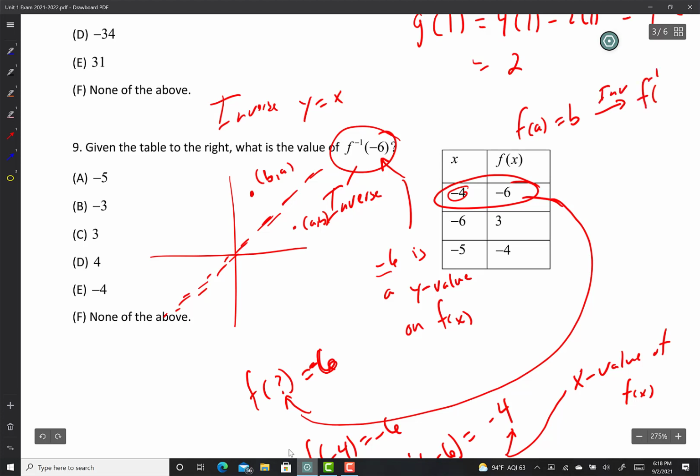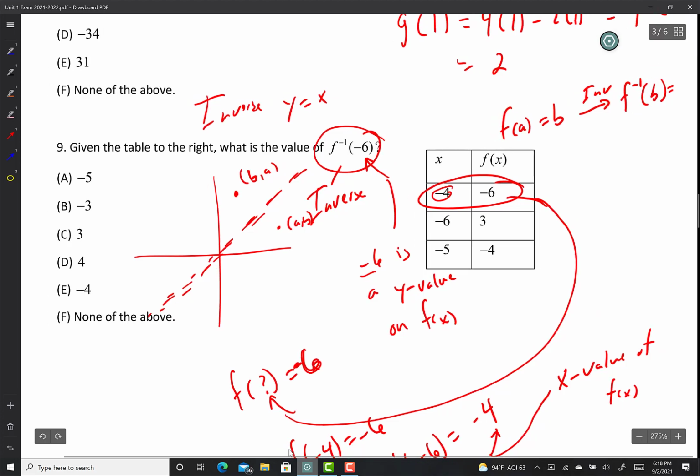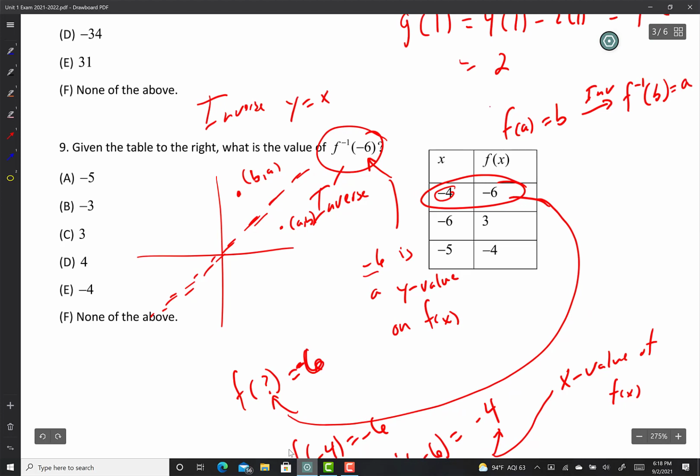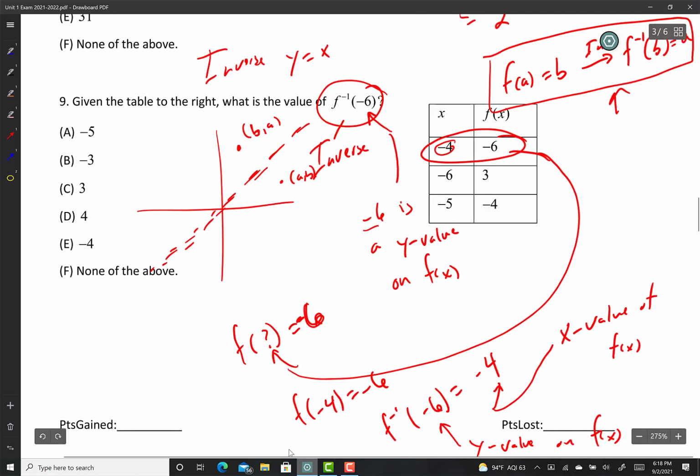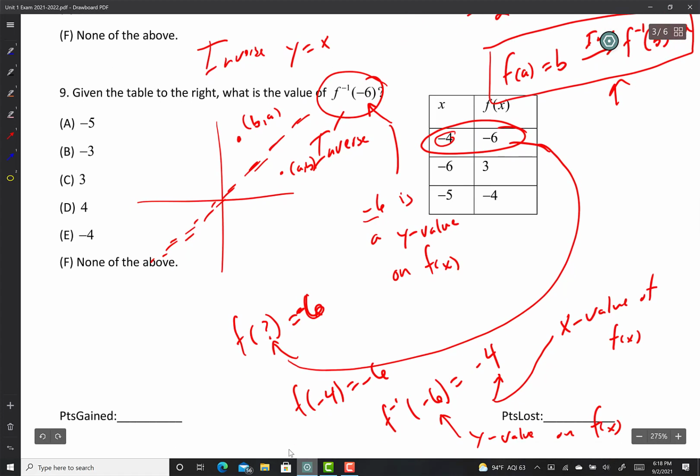Look, notice that I put the inverse notation. So maybe put this in your notebook or your notes somewhere. f of a equals b, inverse, f negative 1 of b equals a. So hopefully if you understand that, guys, you won't get any of these type of questions wrong.